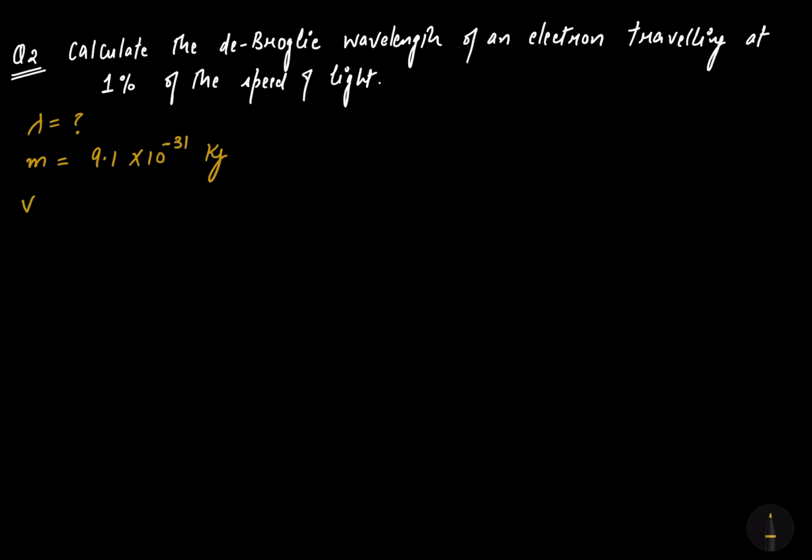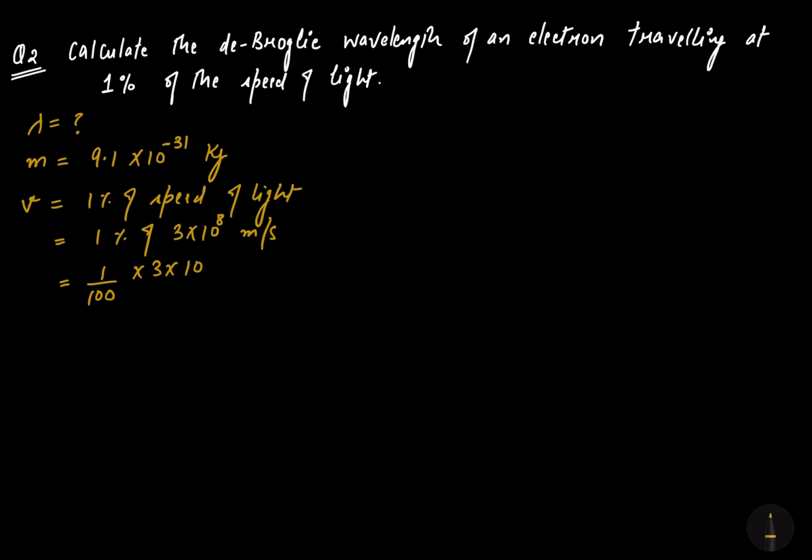Now what's the velocity of electron? Velocity of electron here given to be 1% of speed of light. 1% of speed of light, that is 1% of 3 into 10 to the power 8 meters per second, and it comes out to be 1 divided by 100 into 3 into 10 raised to power 8 meters per second, which solves to 3 into 10 to the power 6 meter per second.